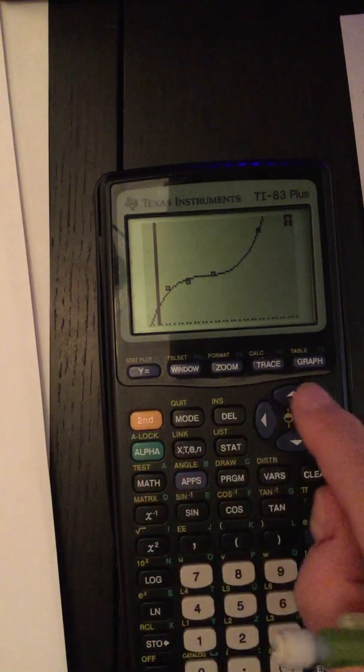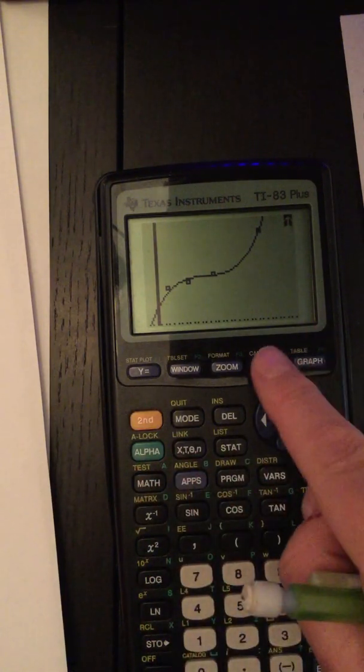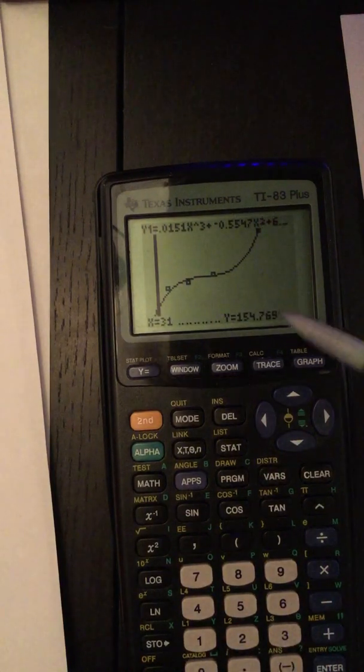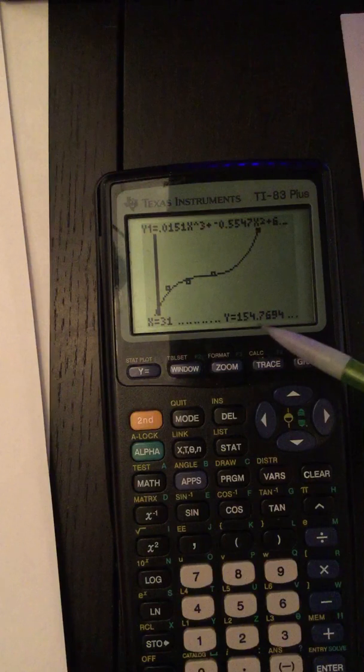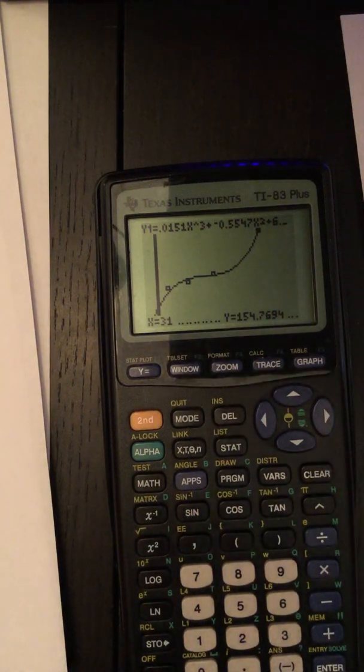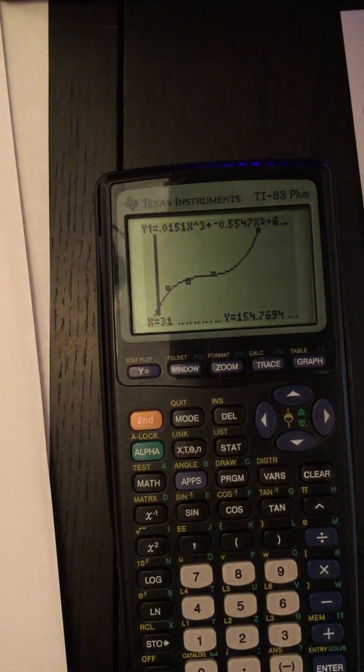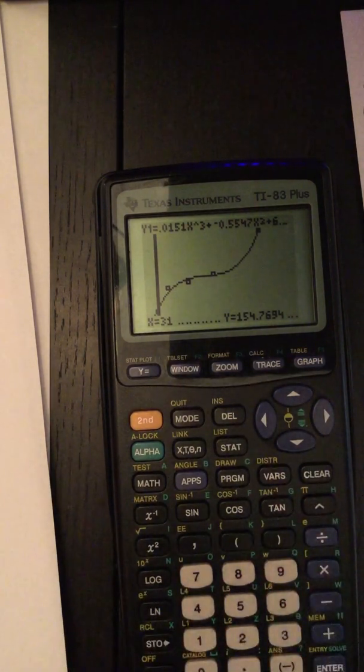So we want to know what happens when x equals 31. So second function trace value, we put in 31, and we get 154.76, okay? Now again, depending on how you round, you might get slightly different numbers.